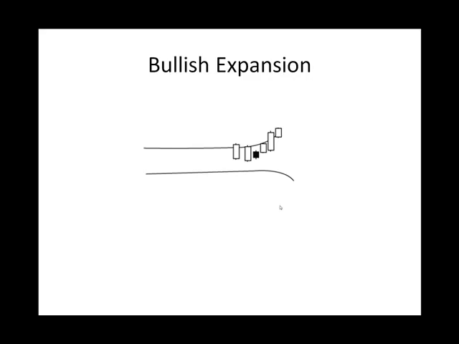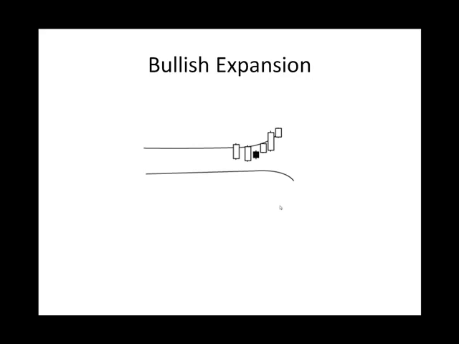This is an ideal signal right here. We begin to move out of the contraction phase, and the upper band heads up and the lower band heads down. Ideal entry for a long position. The sharper the turning of the bands, both of them, typically 99% of the time, the more volatile the move.